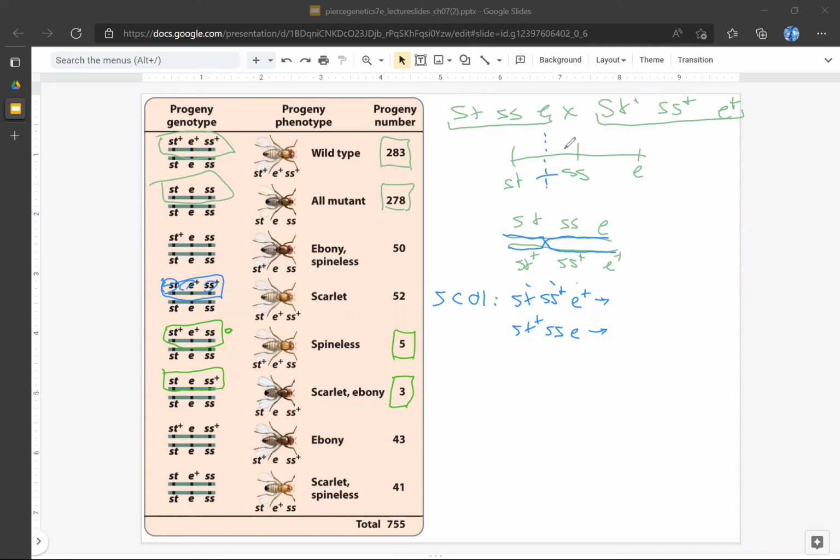Very good. So that number is our 52. And then ST plus with SS and E are 50.